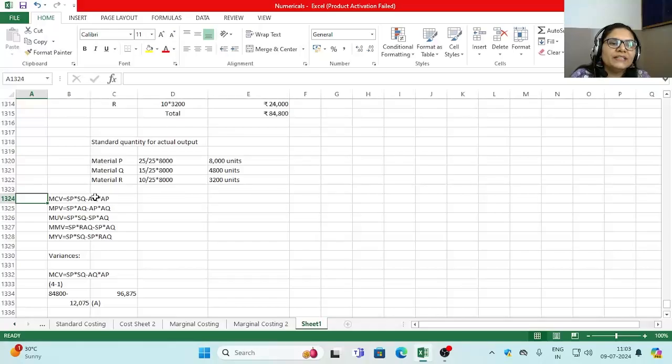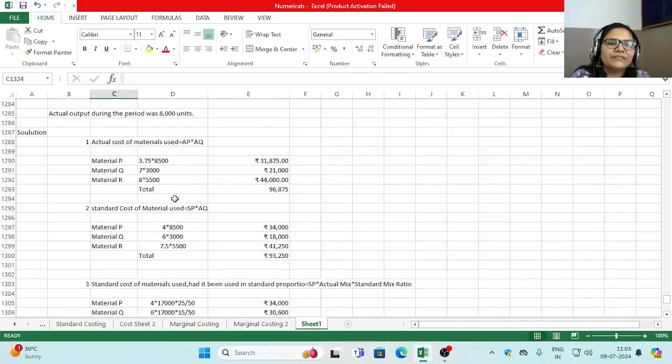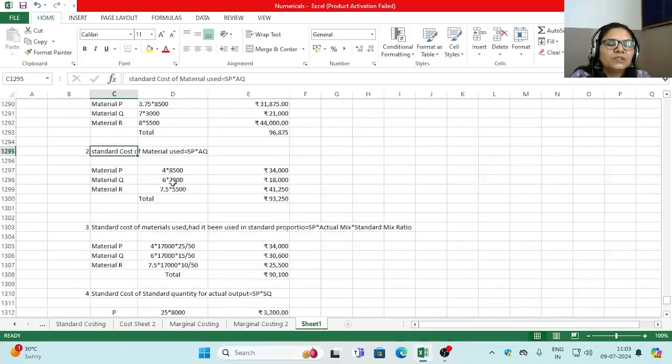First of all, AQ into AP. It's a very simple calculation. We will calculate AP into AQ of materials P, Q, R separately, and then we will do the total. Next is SP into AQ. For materials P, Q, R we will do the calculation and the total.